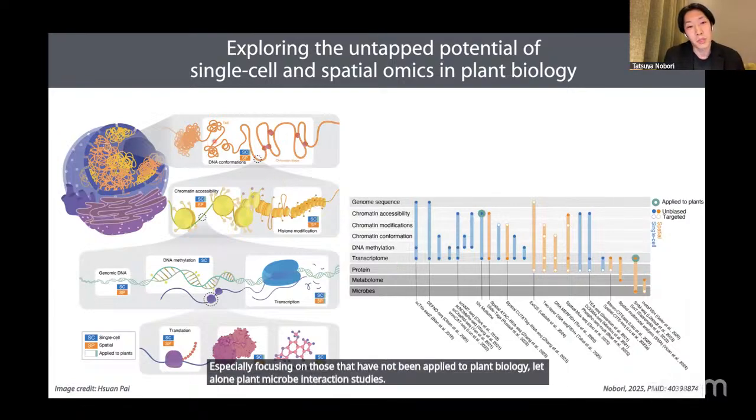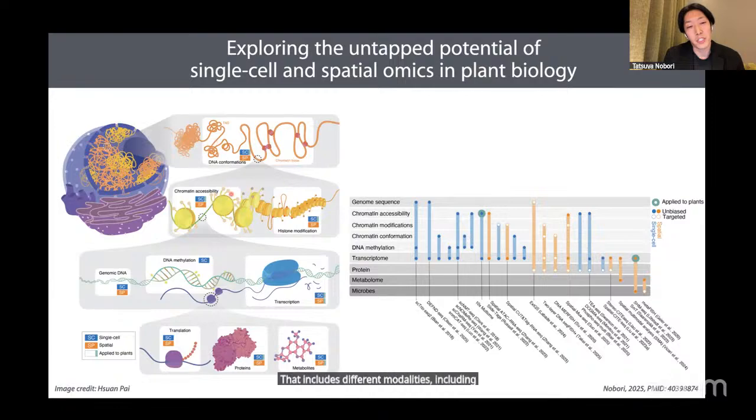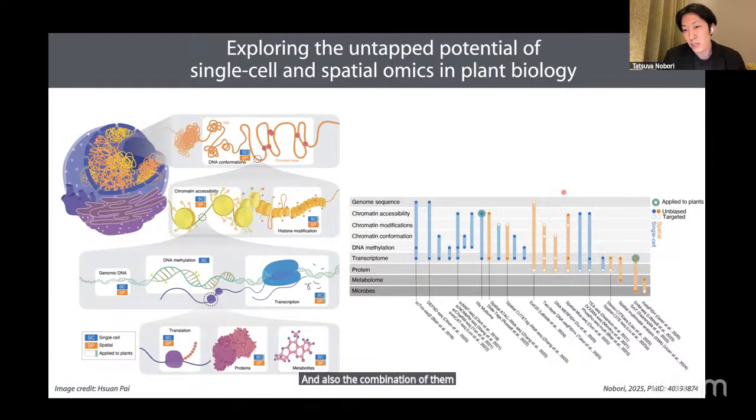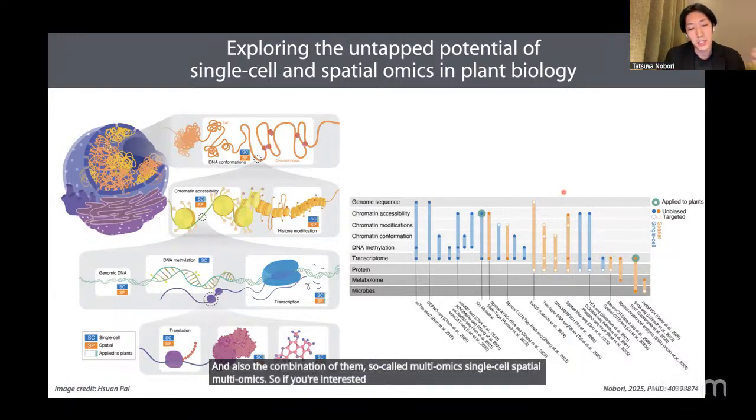That includes different modalities, including epigenome, transcriptome, translatome, proteome, and metabolome, and so on. And also the combination of them, so-called multi-omics, single cell or spatial multi-omics. So if you're interested in the recent developments, I hope this review will give you some useful information.